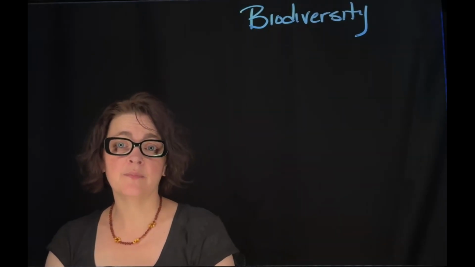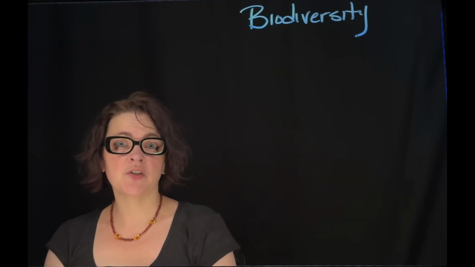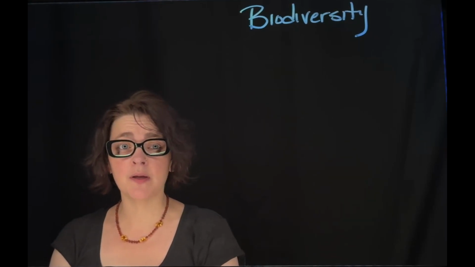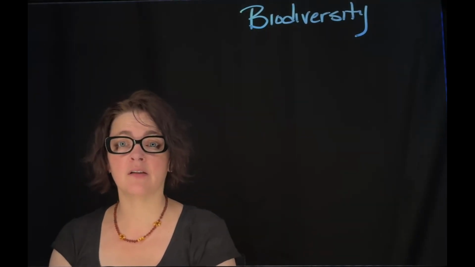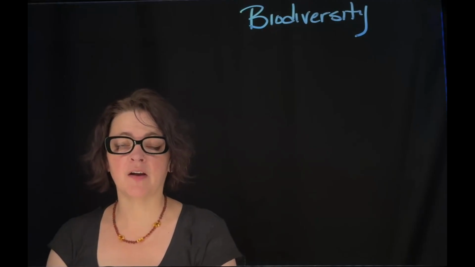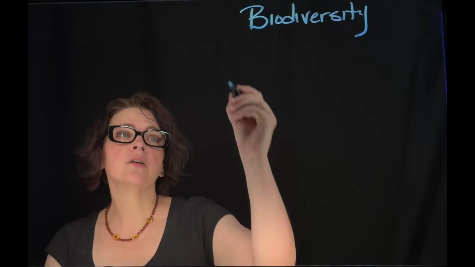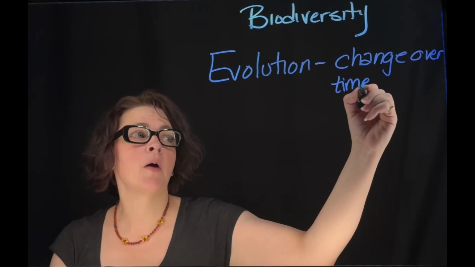Within a population, there is variation in different traits. This variation is what drives evolution. Often it's what keeps the population going, because if there is variation and a disease comes through, organisms are not going to be clones of each other, and there might be variation that allows some of those organisms to survive and then reproduce. So in the eyes of evolution, it's change over time of a population.